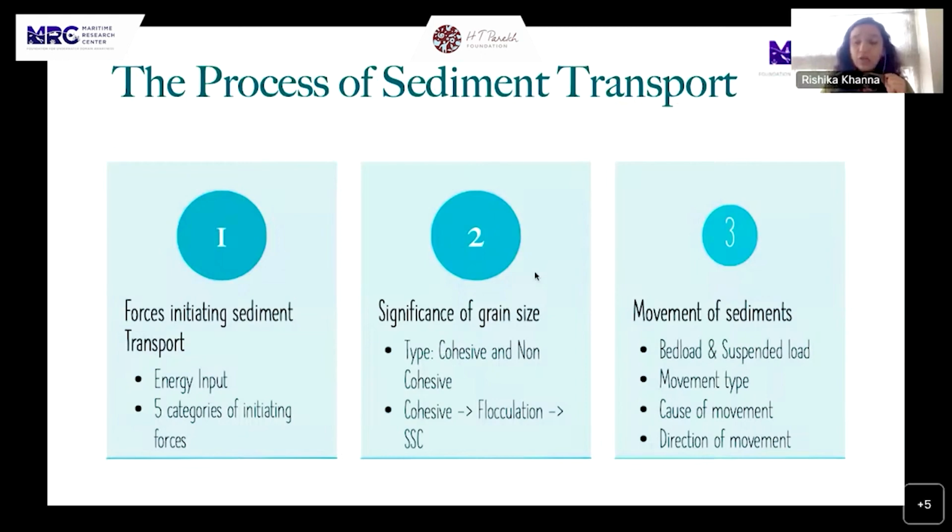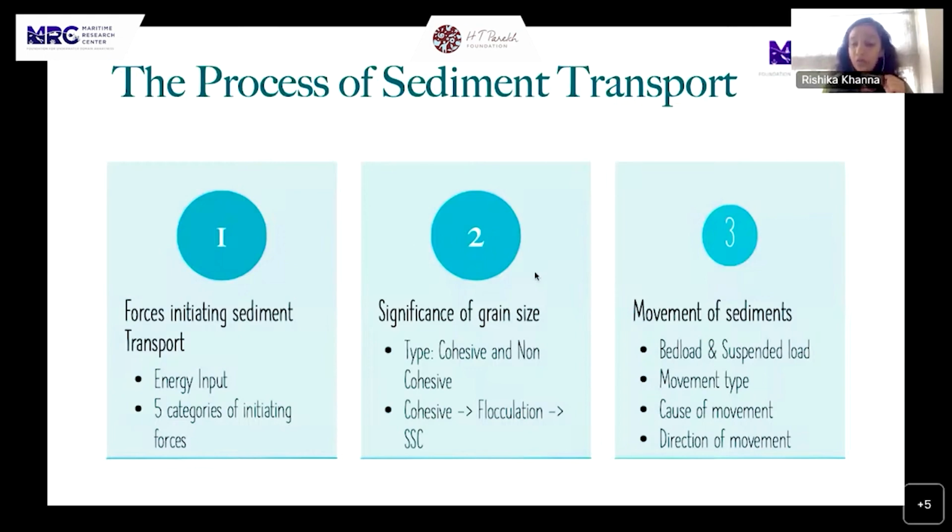The suspended load generally consists of finer grain particles like clay or silt, and they continuously flow in the water column without touching the bottom. So they are generally carried by turbulence.